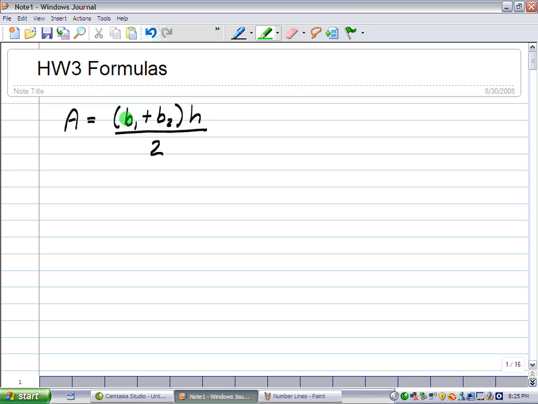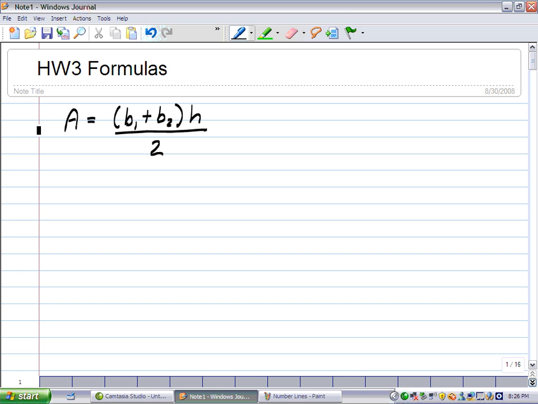Subscripts are used to tell me that these two numbers could be different. We call them B sub 1 and B sub 2. B sub 1 and B sub 2 are both similar things in a trapezoid. They're called bases, but we have a bottom base and a top base, so we call them base 1 and base 2, or base sub 1 and base sub 2.